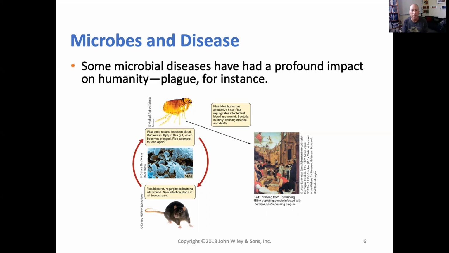Interestingly, there was a very cool book that came out last year. If you want to read it, it's called Black Death at the Golden Gate. It's about the plague epidemics in San Francisco at the end of the 19th century, in the early parts of the 20th century. The plague came from China through Hawaii to the Western United States with Chinese immigrants.